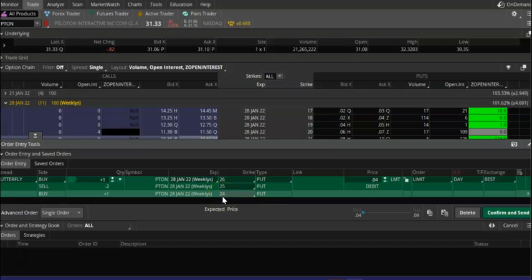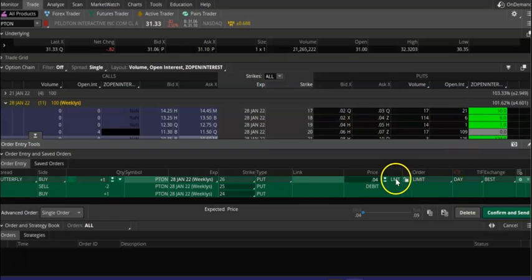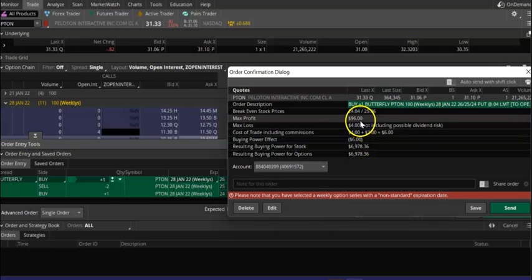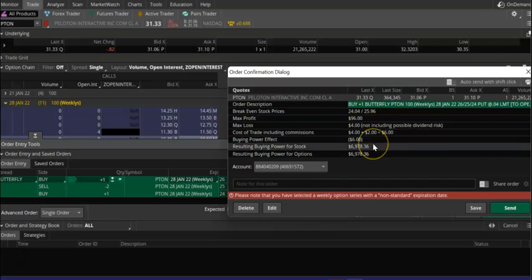So we are on the put side. That way we are saying that the stock has to go down to 25 for us to make maximum profit, and we are only going to lose a debit. The maximum you lose is $6, and the maximum profit is $96. You are investing $6 to make $96.